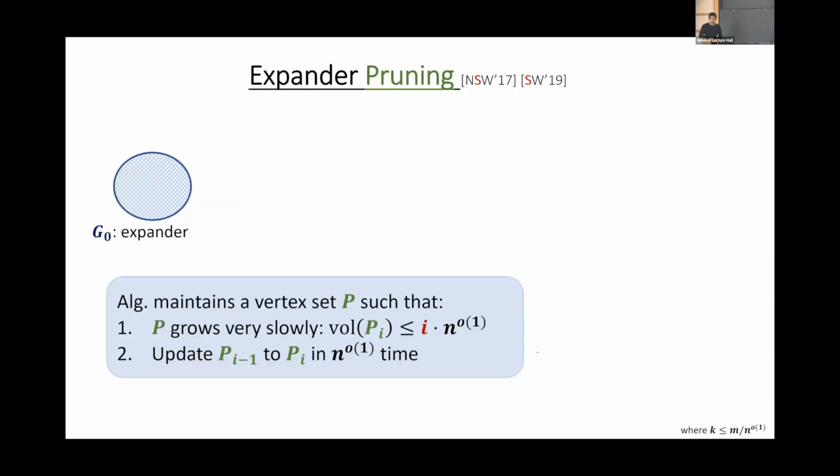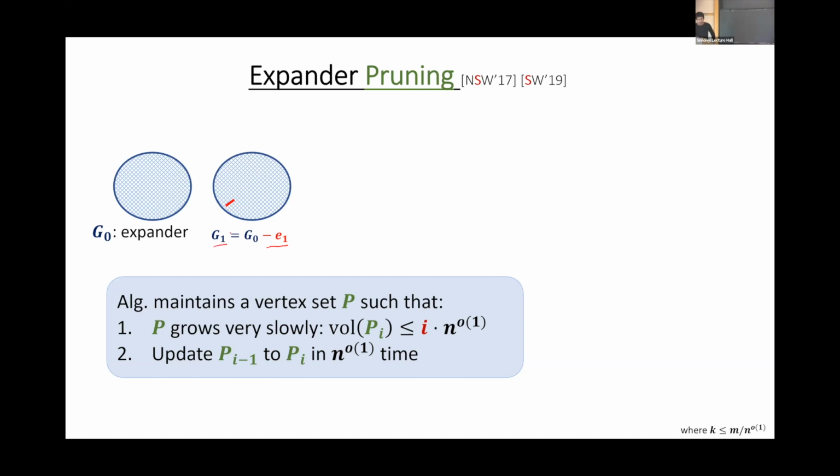And what I'm going to describe is this thing called expander pruning that I mentioned before, which is the extreme version of the intuition in the previous slides. So let me describe what it guarantees. It's an algorithm where I promise you to start with an expander. Then there is some edge update, let's say I delete one edge.